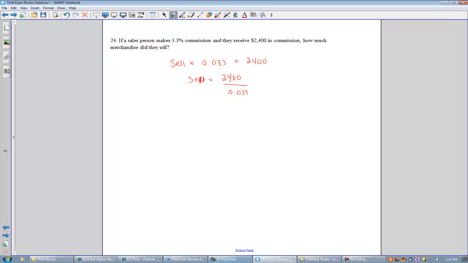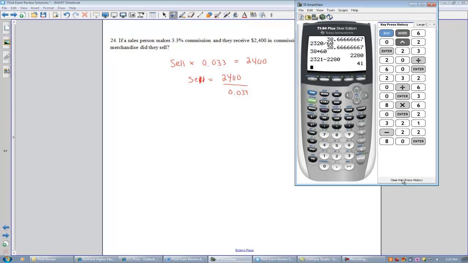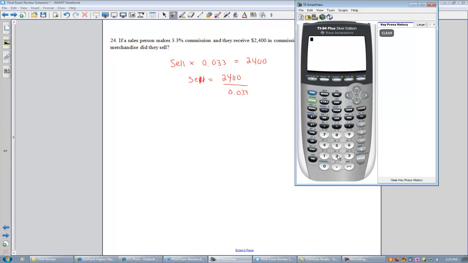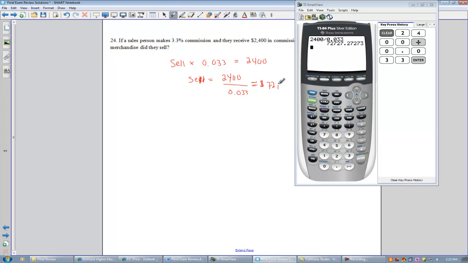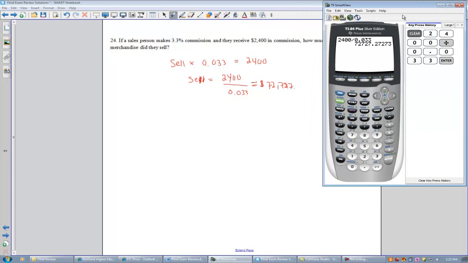I take out my calculator and crunch this number. 2400 divided by 0.033, and it tells me that the amount that I sold is approximately $72,727 and 27 cents.